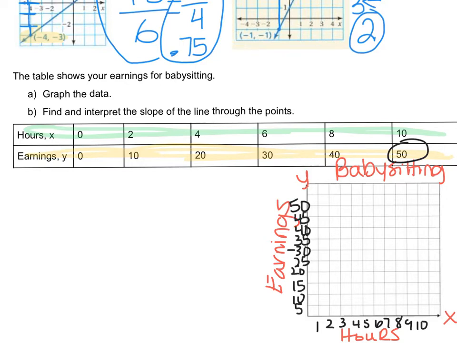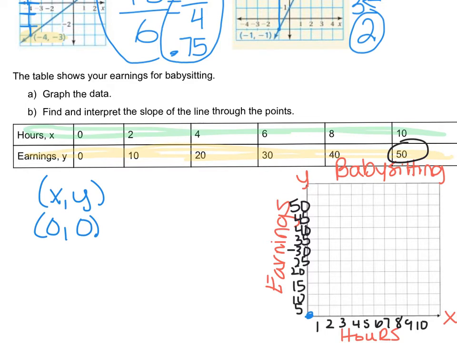Now we can go ahead and graph our points. Any one of these points, you always have these coordinates and it goes x, y. So like our first coordinate, our x is 0 and our y is 0. So I would put a dot there, and we know that that's called the origin.